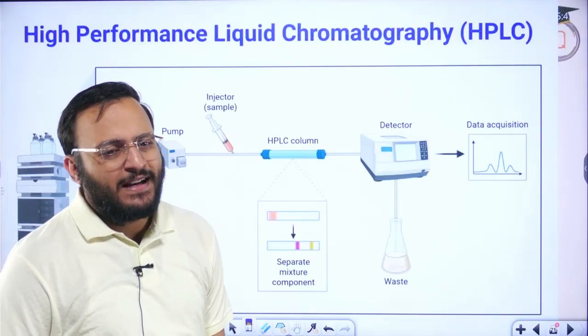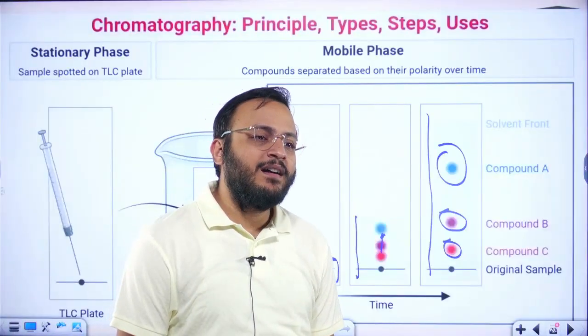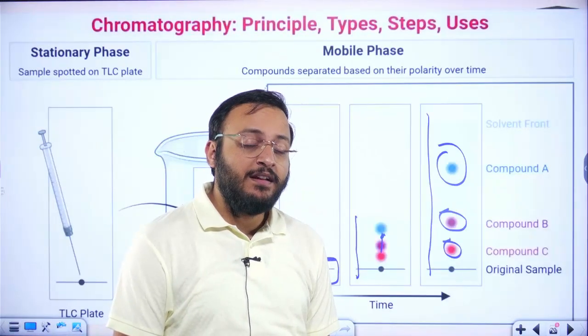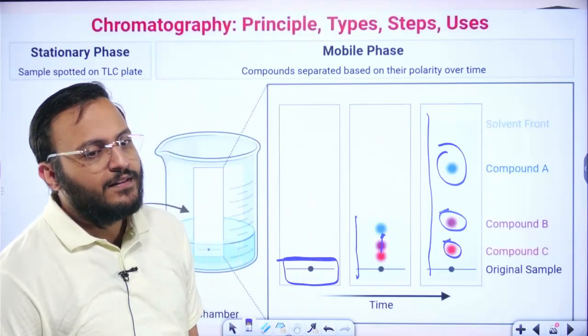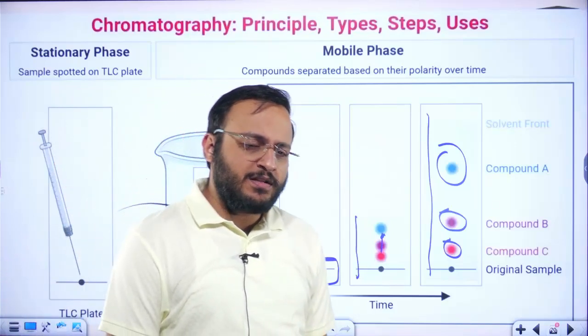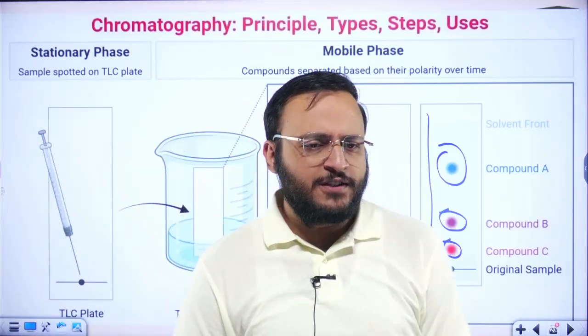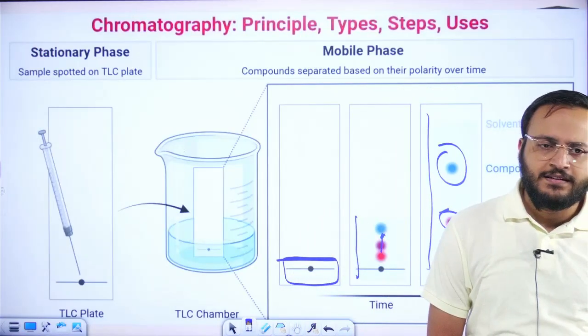What is TLC plate, Shantanu ji? TLC plate is basically thin layer chromatography plate. I think some of you might have conducted experiments with it in school time as well. There was an experiment related to TLC, right?